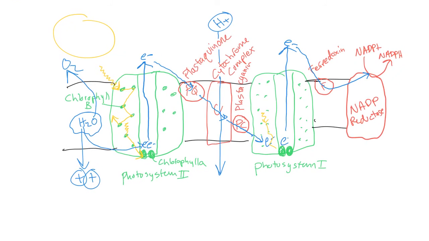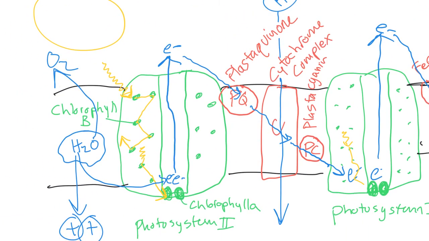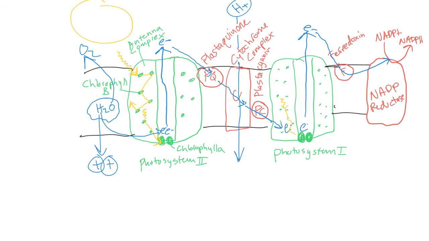Okay, so again, in the photosystem, you've got two parts where the light is harvested. You have the antenna complex, and then where chlorophyll A is, you have the reaction center.